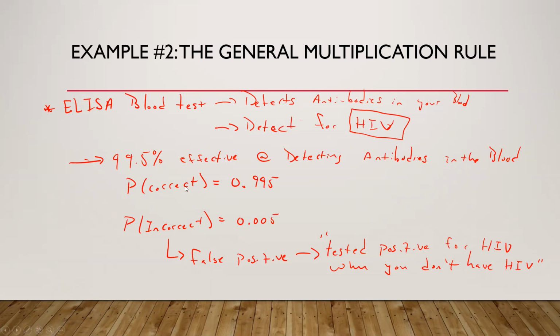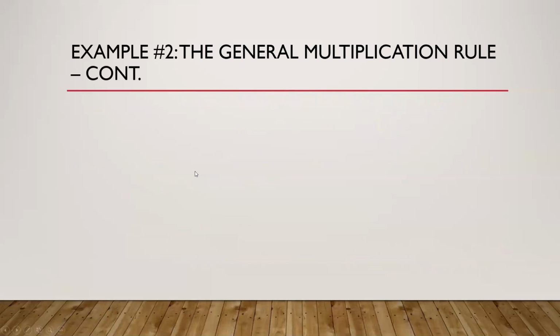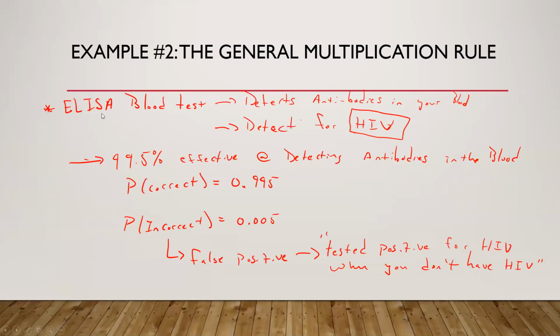Okay, so I've got 2 questions for this problem. Everybody just remember this ELISA blood test, I'm just going to call it the blood test. The probability it's correct is 0.995, the probability it's incorrect is 0.005.